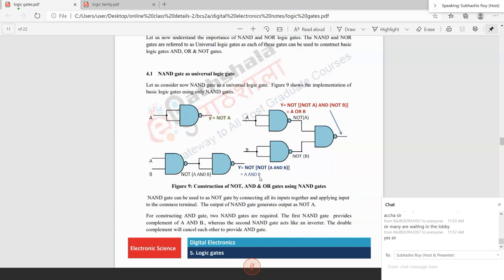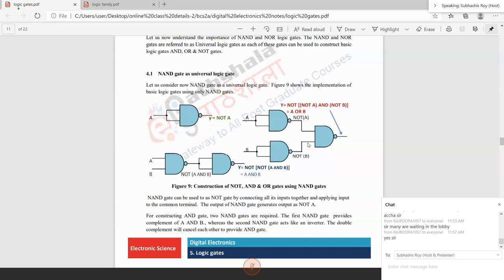And this is the case for your OR gate. So how can you design an OR gate? To design an OR gate, you have to give two inverted inputs, A bar and B bar.